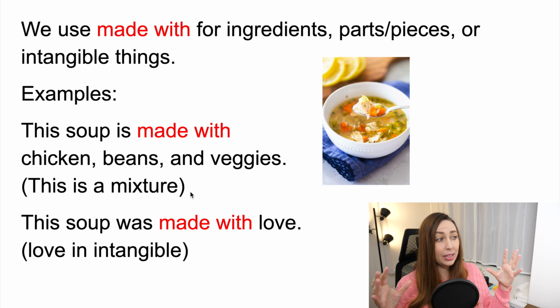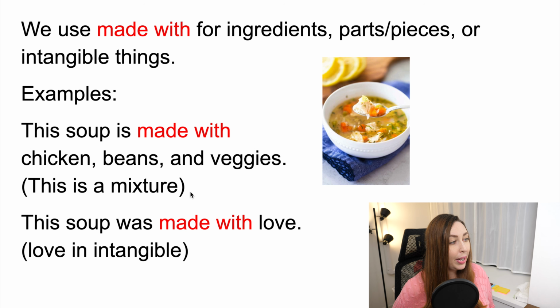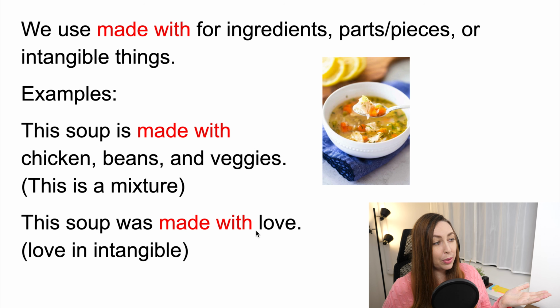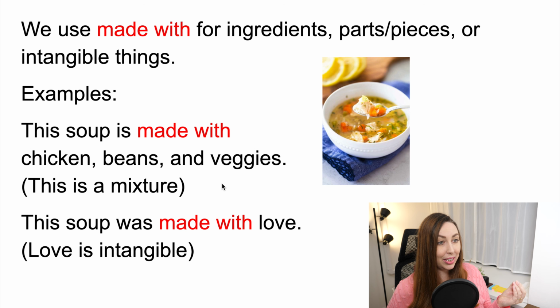So we use made with for ingredients. Then we have, this soup was made with love. This soup was made with love. So we often use made with for intangible things like love. So love is intangible. We can't physically touch it. So we say things like, the soup was made with love. Very good. All right, let's go to the last one.